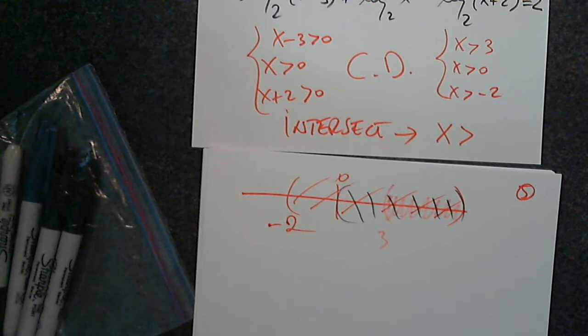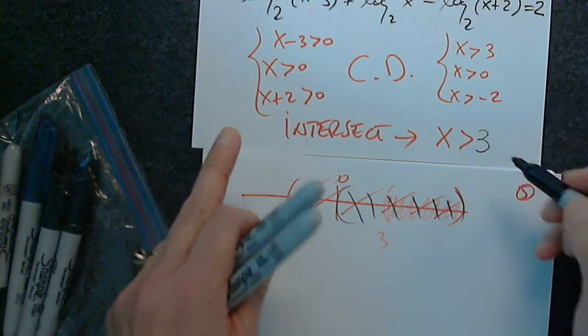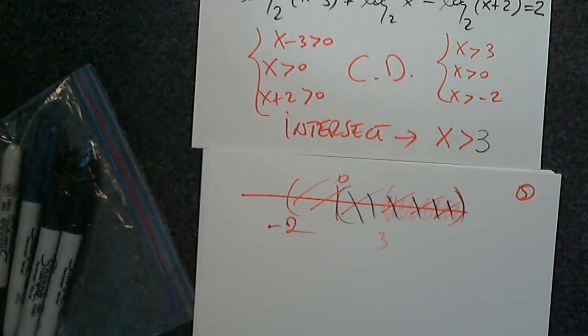I need orange, pink that you cannot really see, and black. All 3 at the same time. The common domain. Right. The 3 colors are right here. Only between 3 and infinity. So if the numbers that we get are not greater than 3, they cannot be accepted.